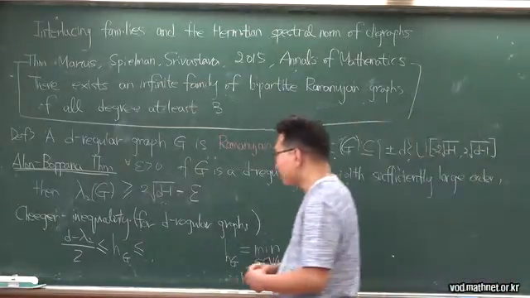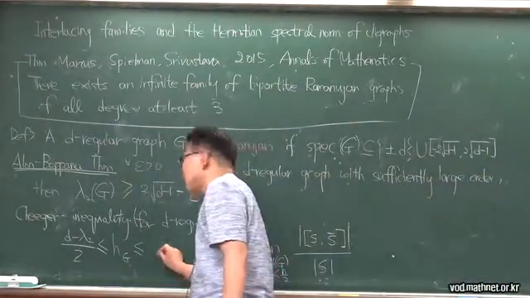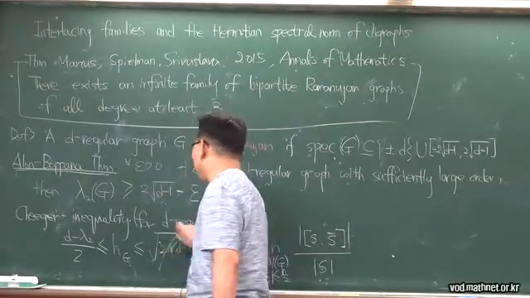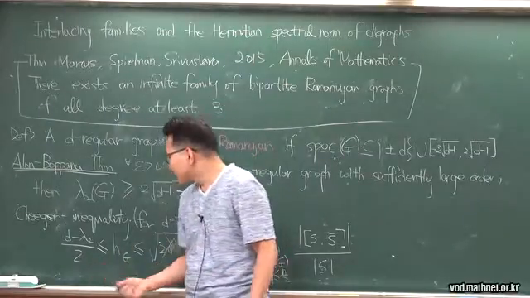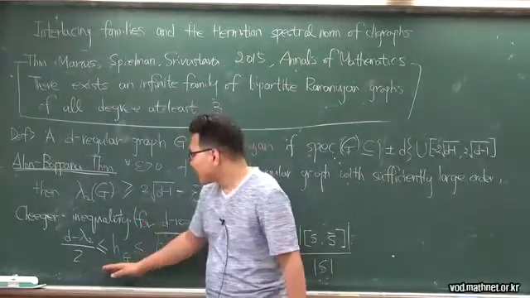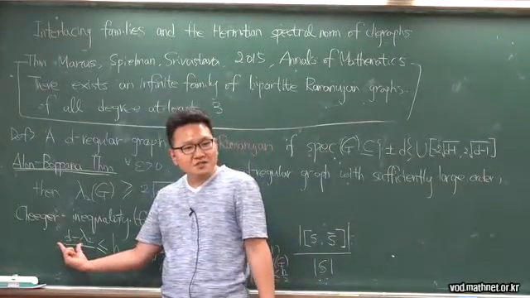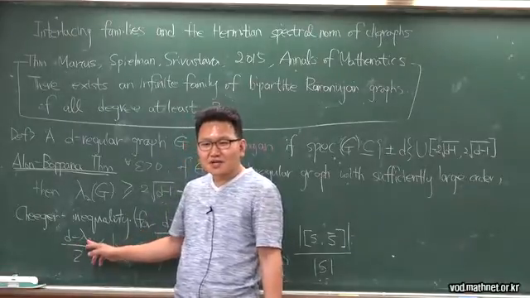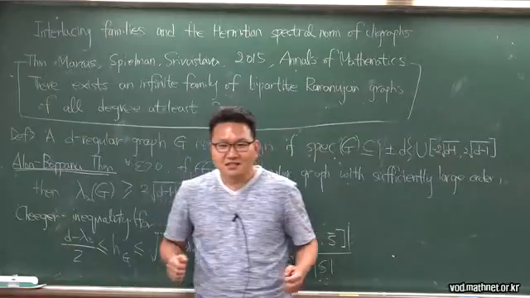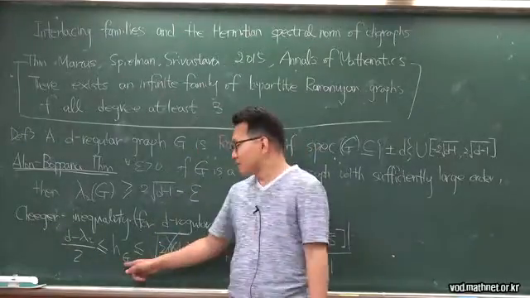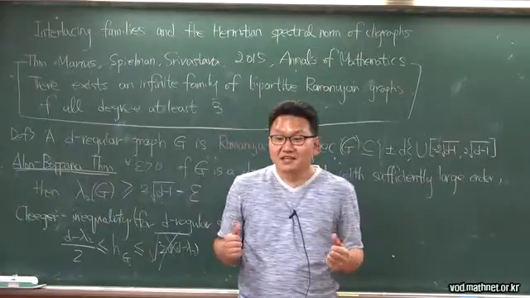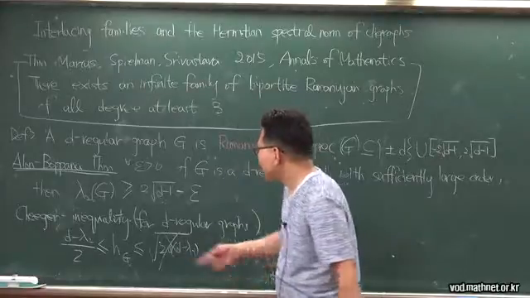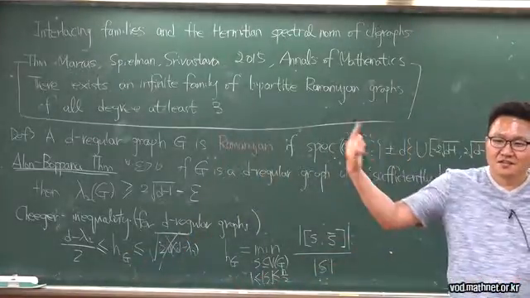We only care about this part of the inequality. If the gap between the largest eigenvalue and the second largest eigenvalue is high, then roughly speaking the edge connectivity is also large, so we have a good expander.